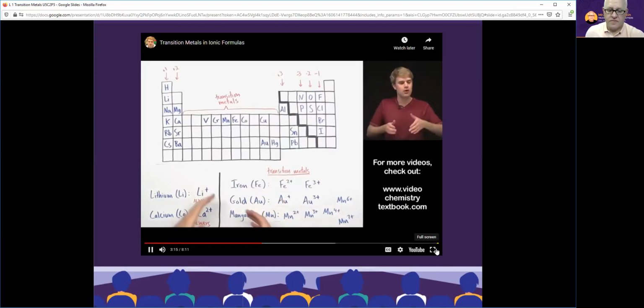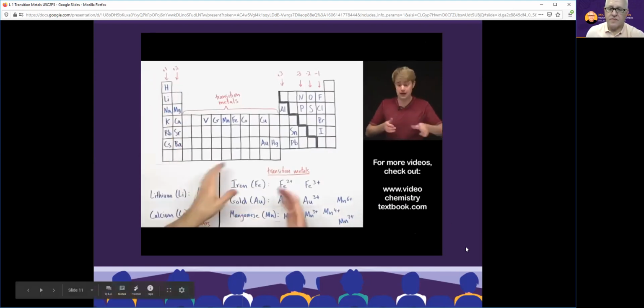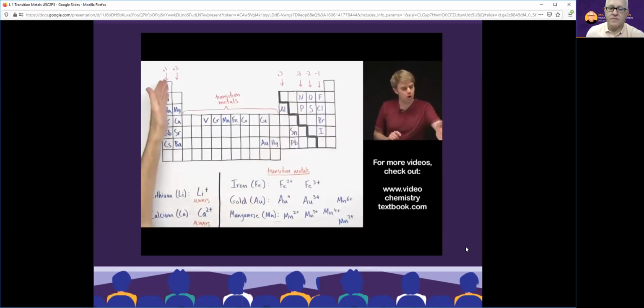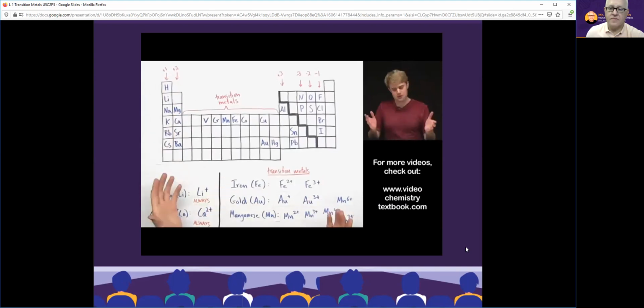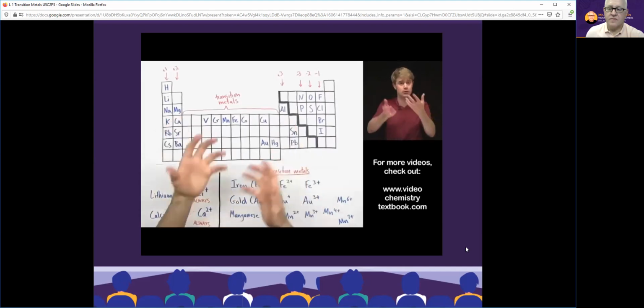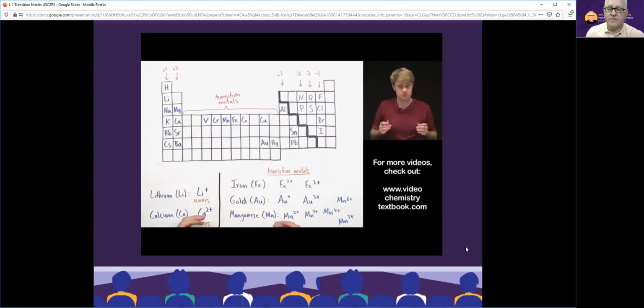This is different from the metals over here and from other types of elements on the periodic table, which tend to always make the same type of ion based on what column they're in. Sometimes people ask, why is it that the transition metals are able to make this wide variety of ions? The answer is kind of complicated, but basically, it has to do with the way electrons are arranged in the orbitals of the transition metals.